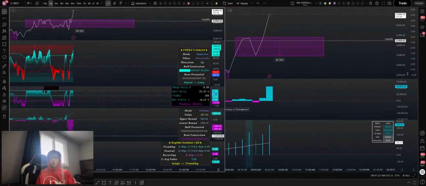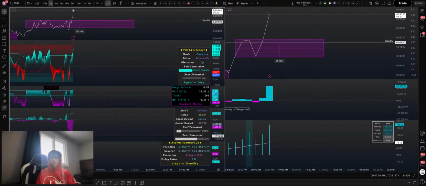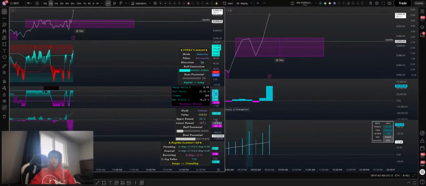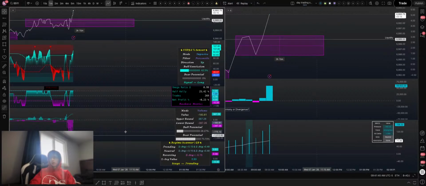Need that 1 minute period. Then we can take some longs here. It's like buyers are taking over. A lot of buying into news.